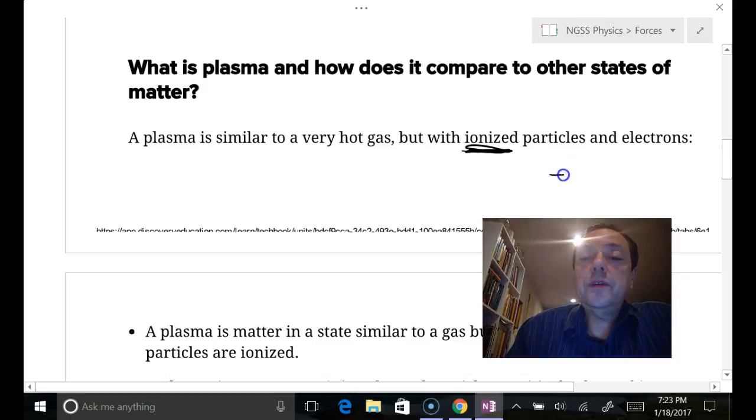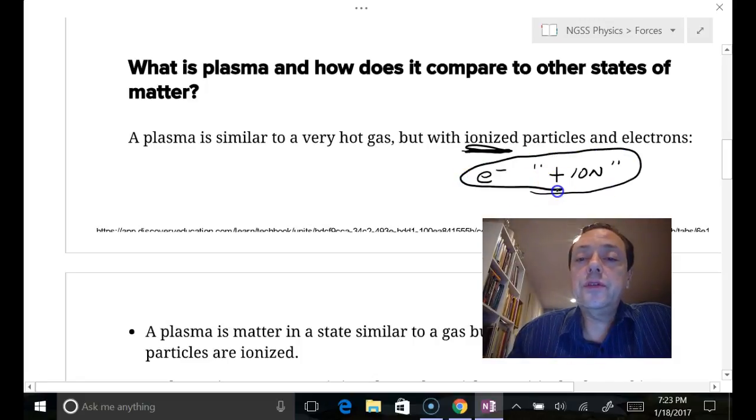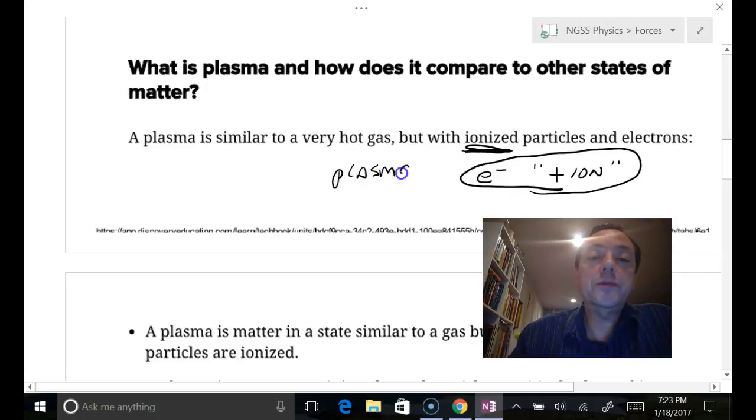So this makes the atom a positive ion. And we also have electrons that are roaming around freely. And together, these two constituents make up a plasma.